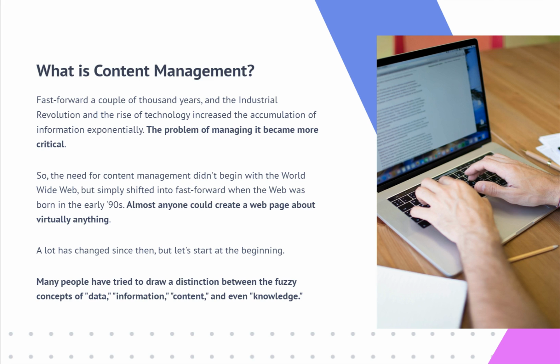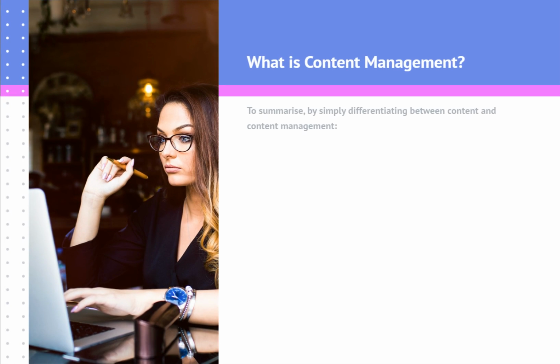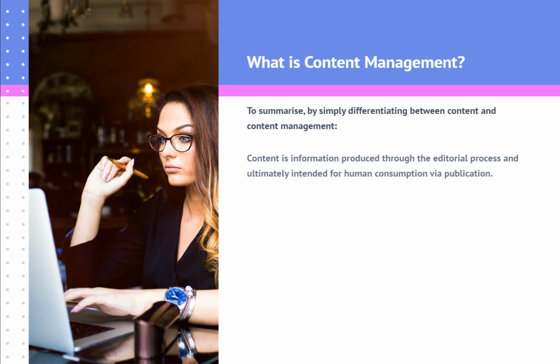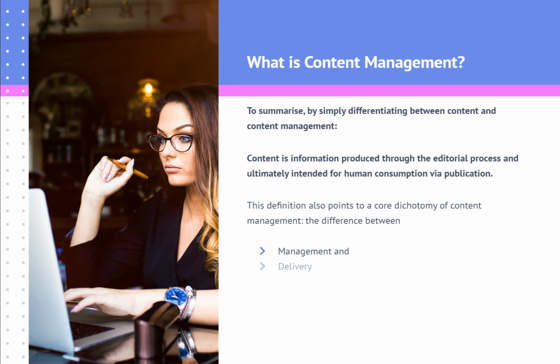Many people have tried to draw a distinction between the fuzzy concepts of data, information, content, and even knowledge. To summarize, by simply differentiating between content and content management. Content is information produced through the editorial process and ultimately intended for human consumption via publication.